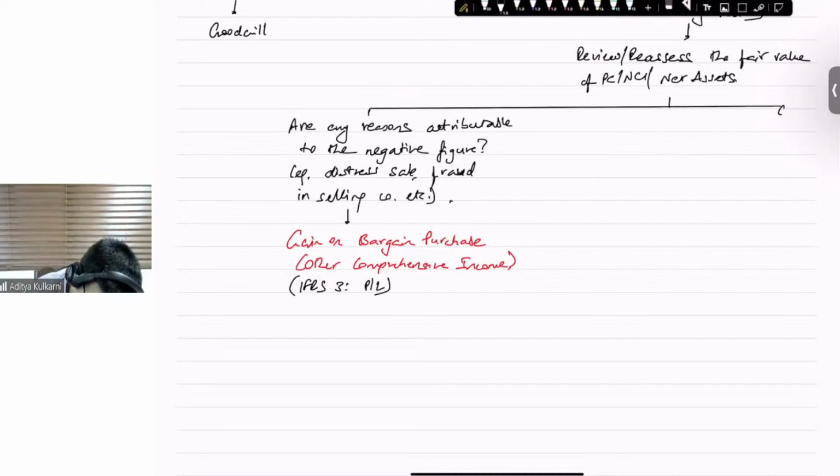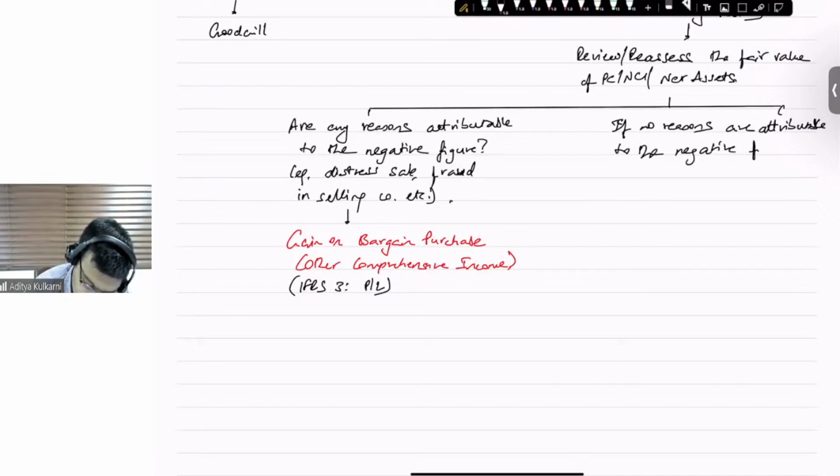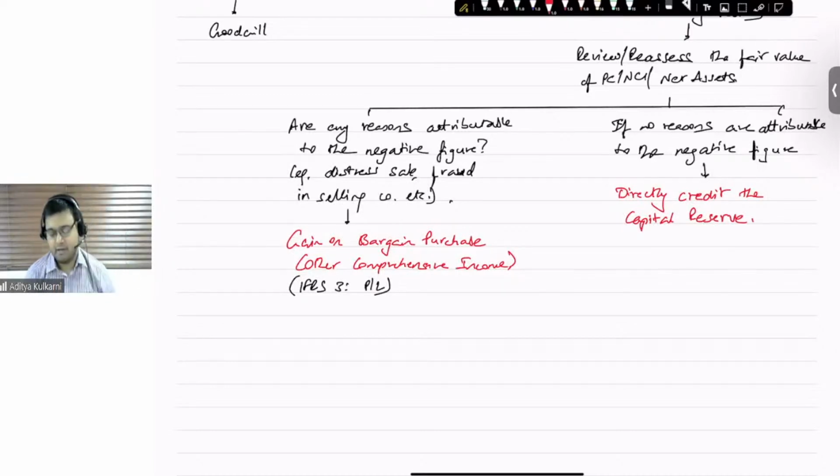But can you have no reasons also? Yes. If no reasons are attributable to the negative figure, what are you going to do? Directly credit the capital reserve.